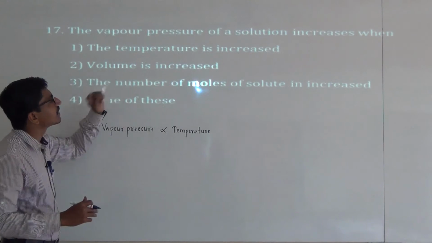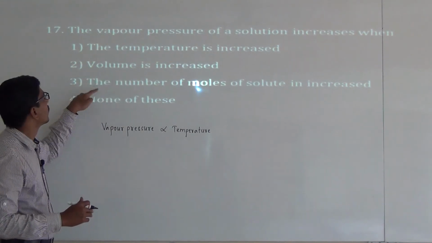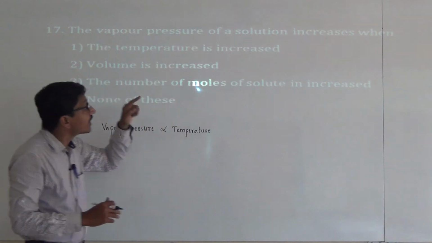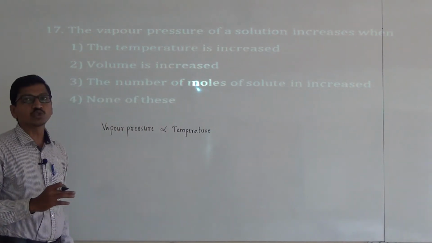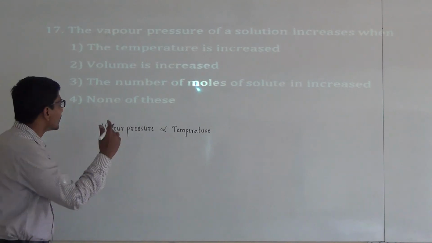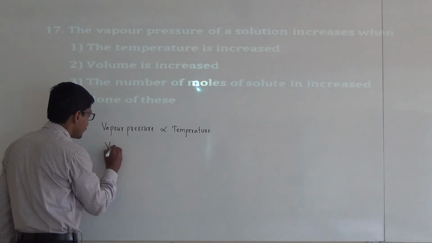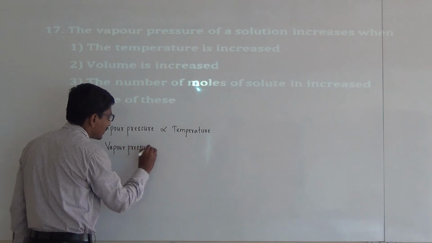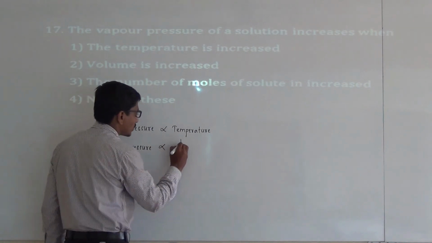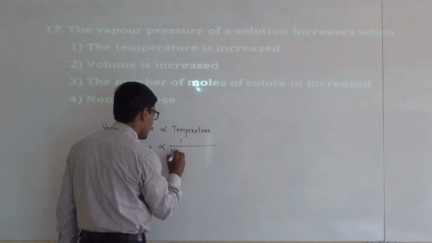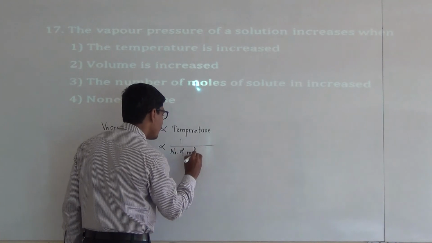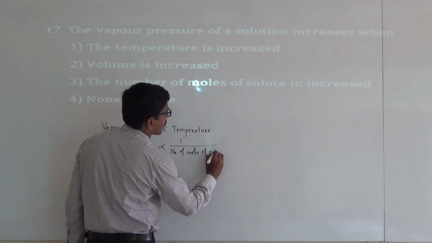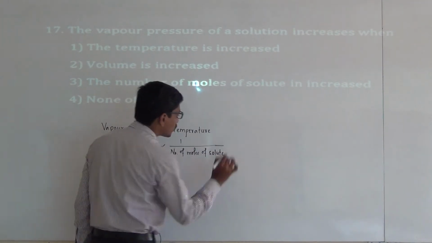Second one, volume is increased: there is no effect of volume. The next one is the number of moles of solute is increased. If the number of moles of solute increases, the vapor pressure decreases. Vapor pressure is inversely proportional to the number of moles of solute.